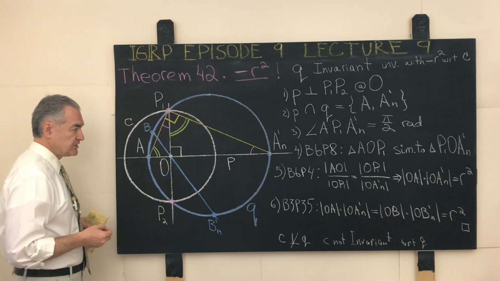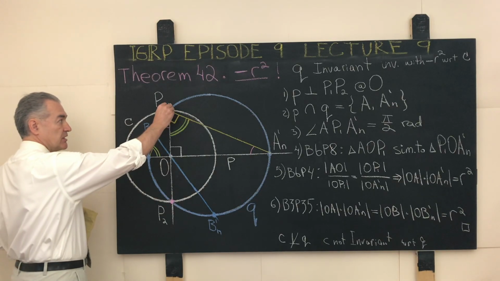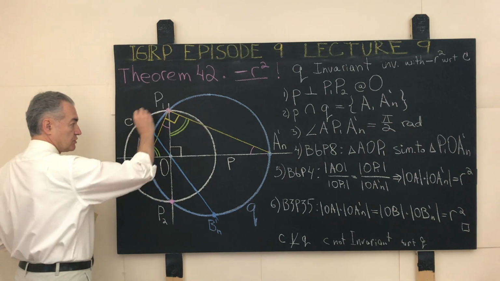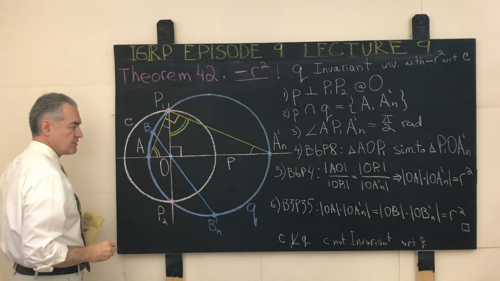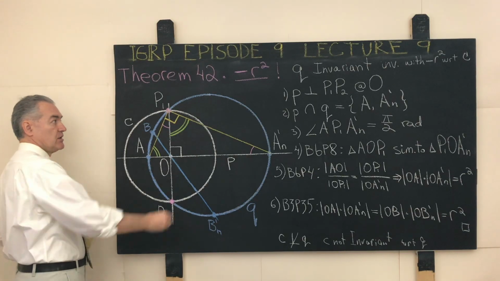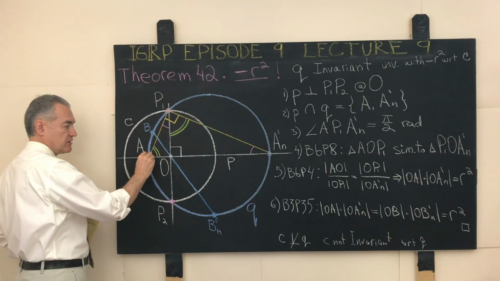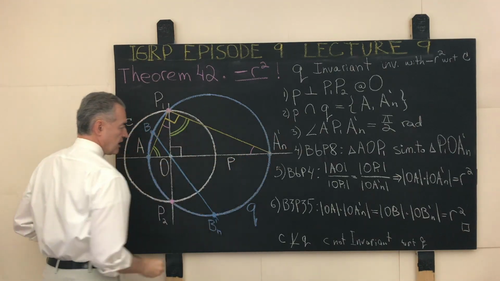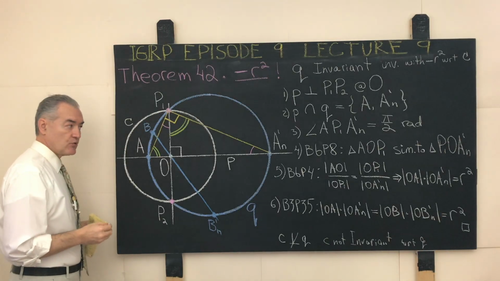Now we see that the straight line P1P2, a diameter of the circle C, plays the role of what? It plays the role of the height of the right triangle A P1 A prime, that is drawn from where?